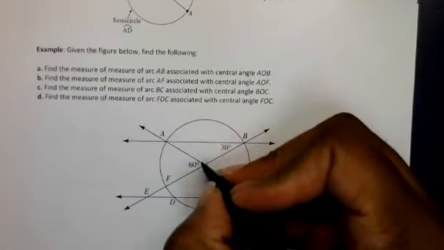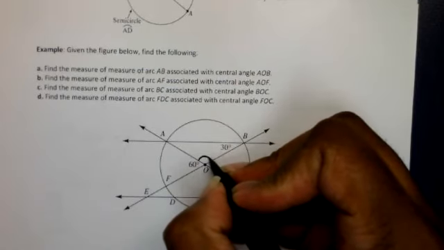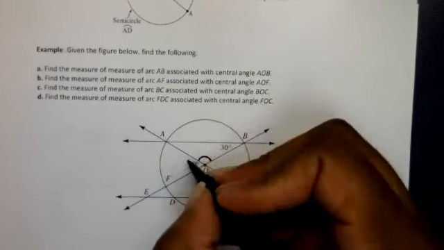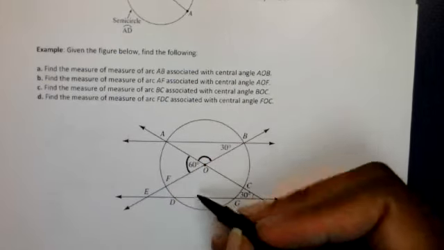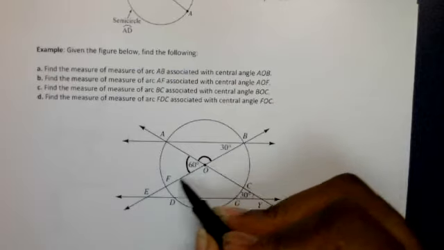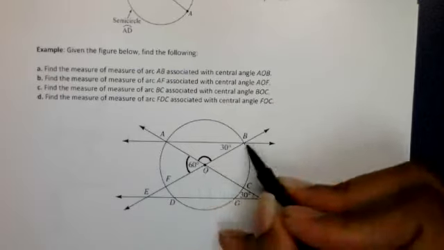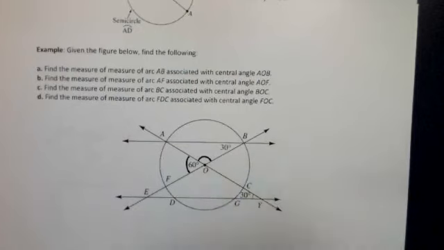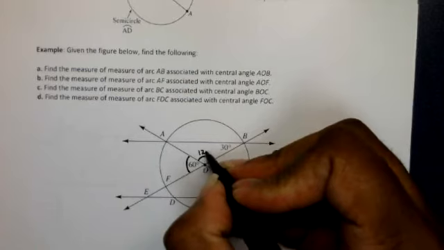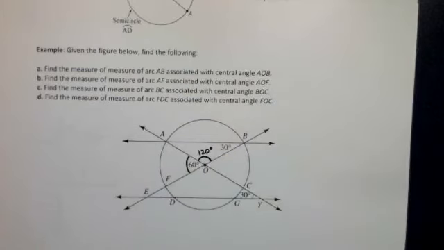Now there's something that you do need to know here. I know something about this 60-degree angle here, along with this angle that I'm trying to find. I know those two form a straight angle, and in a straight angle, its measure is 180 degrees. So if I subtract 60 from 180, this will be 120 degrees.